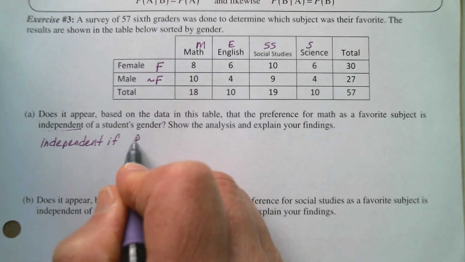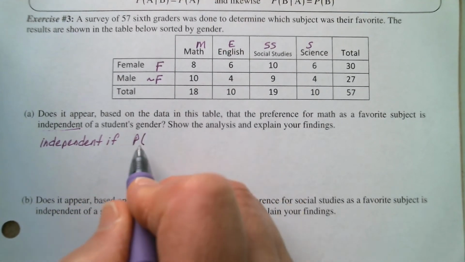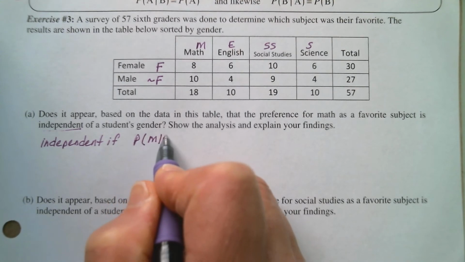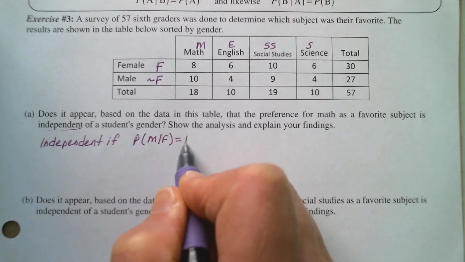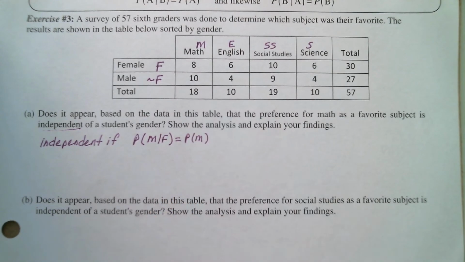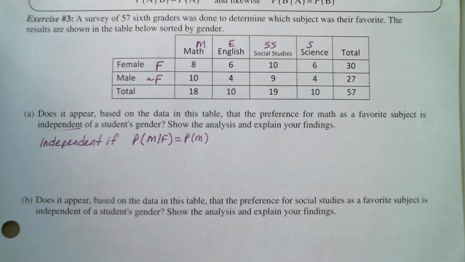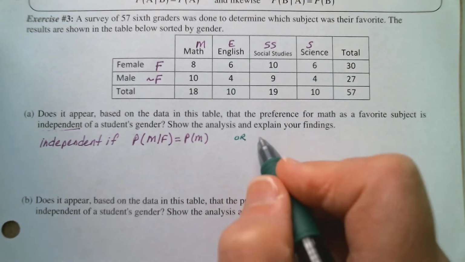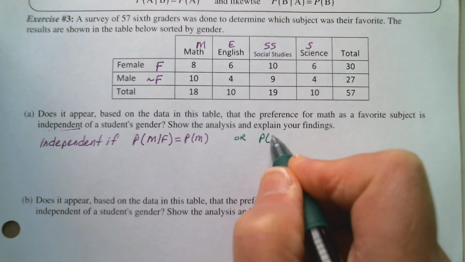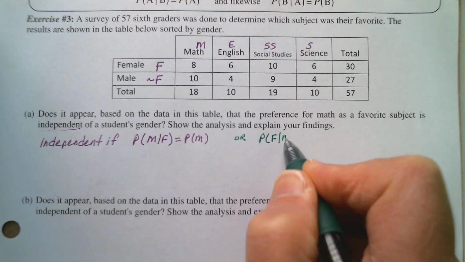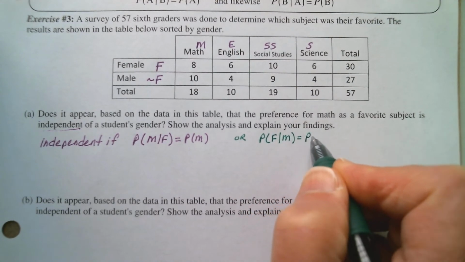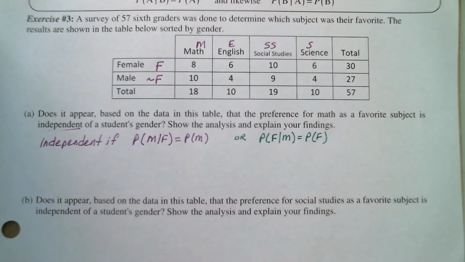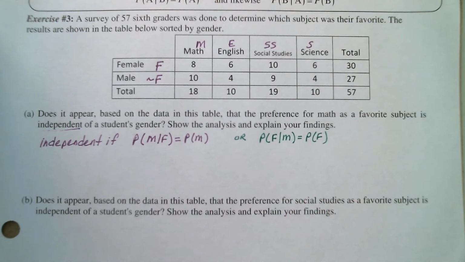If the probability of math given female equals the probability of math, or the probability of female given math equals the probability of female, or, here I was just using math and female gender.